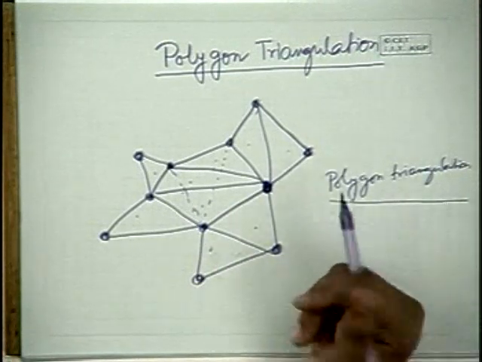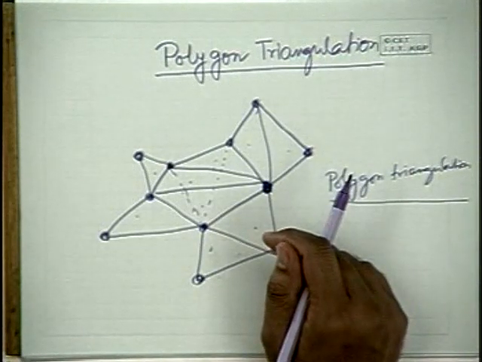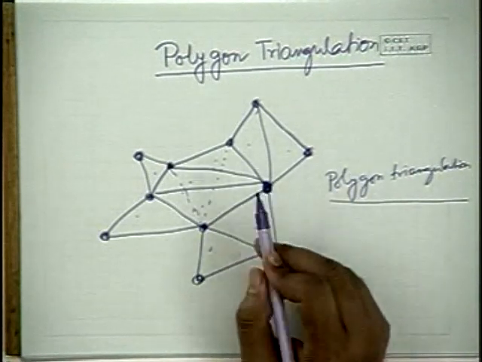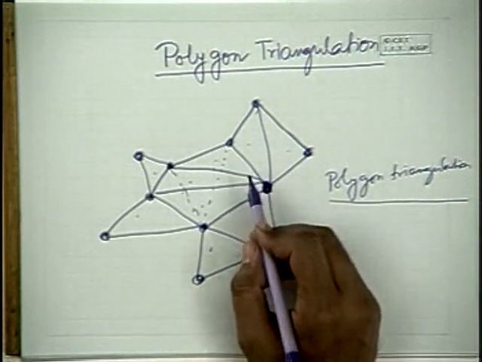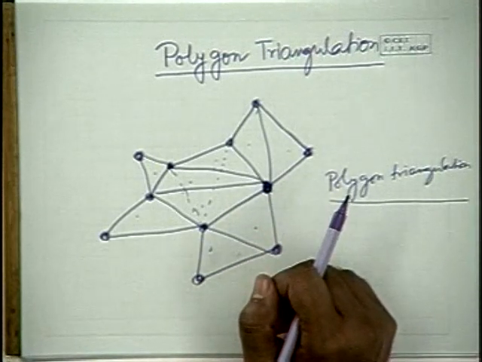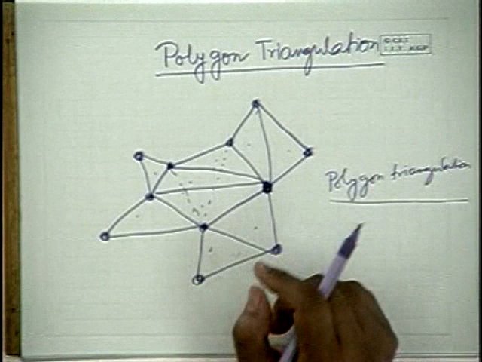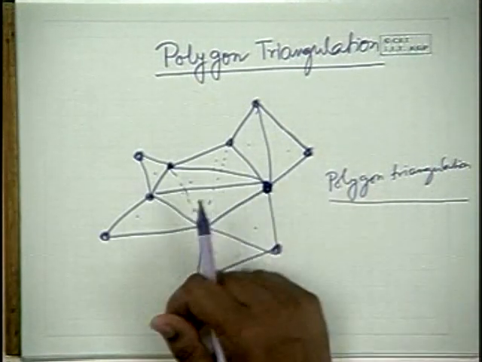Now you minimize that area over all possible triangulations. So you take a triangulation and compute over all triangles the maximum area triangle. Each triangulation always gives you one value. You have exponentially many triangulations, and over all of them you take that triangulation which minimizes that area.